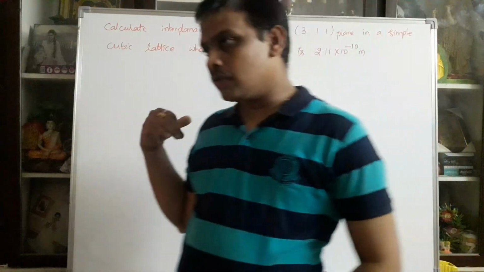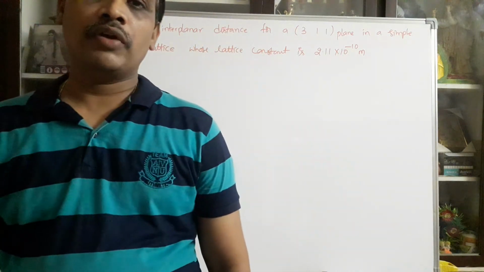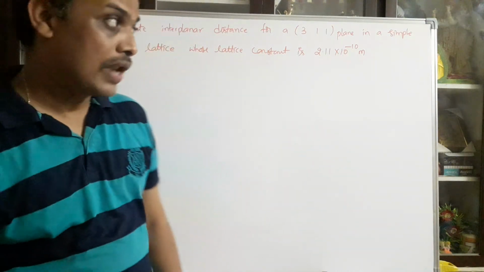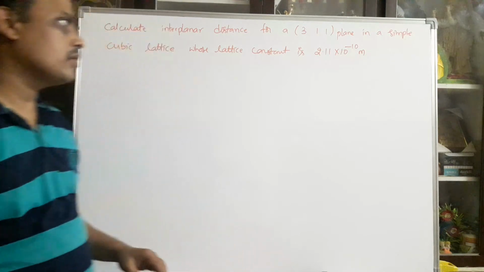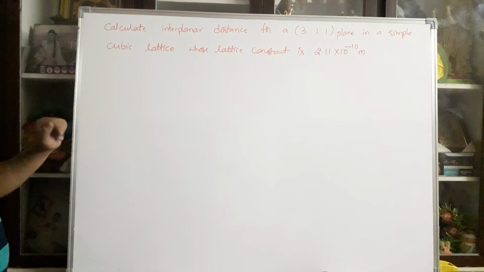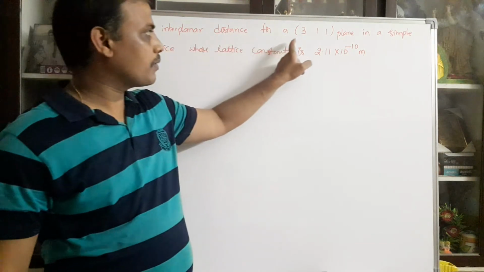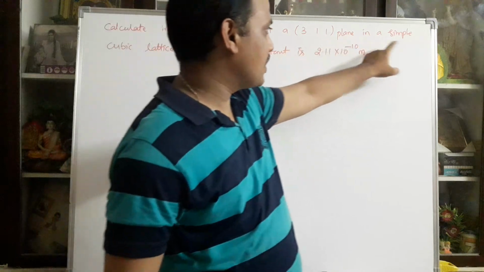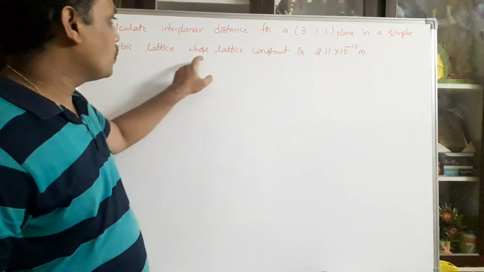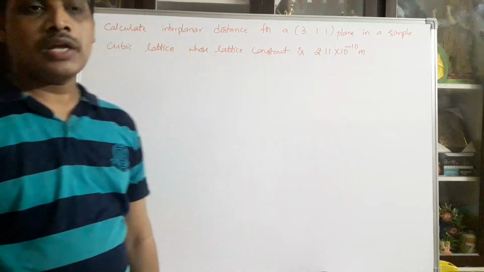So after learning the topic interplanar distance between two lattice planes, you can go through some problems given based on interplanar distance. The problem can be taken as: calculate the interplanar distance for a 311 plane in a simple cubic lattice whose lattice constant is 2.11 into 10 power minus 10 meters.